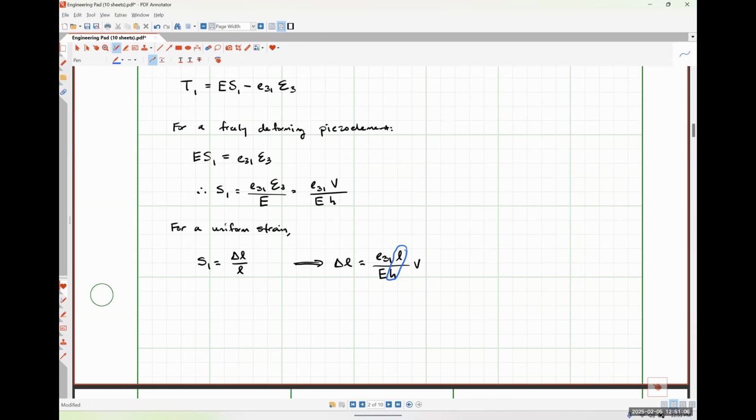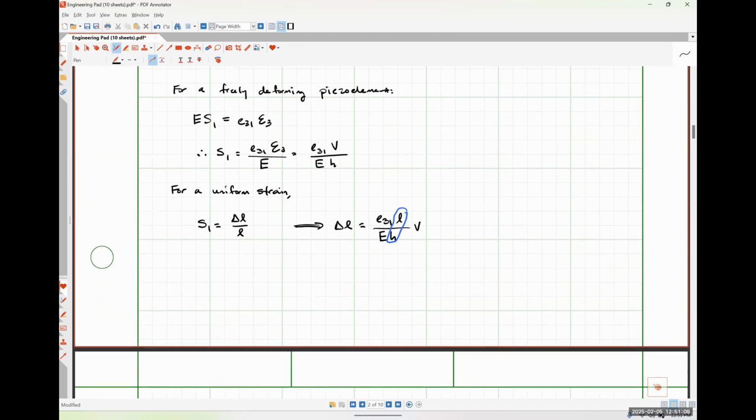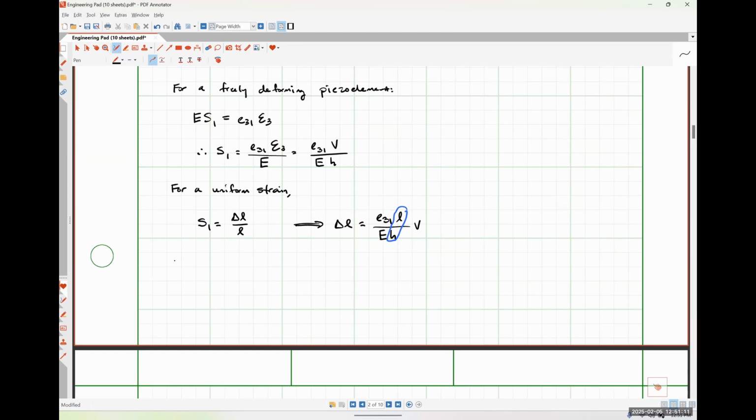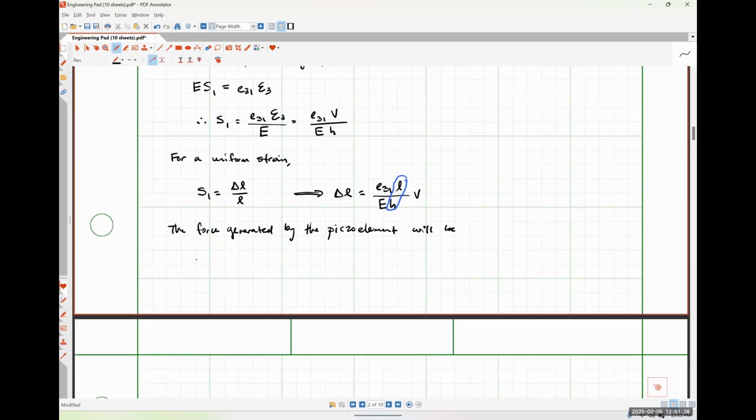Our force for this particular type of piezo element is once again just going to be F piezo, and that is K, our spring constant, times X, our displacement.